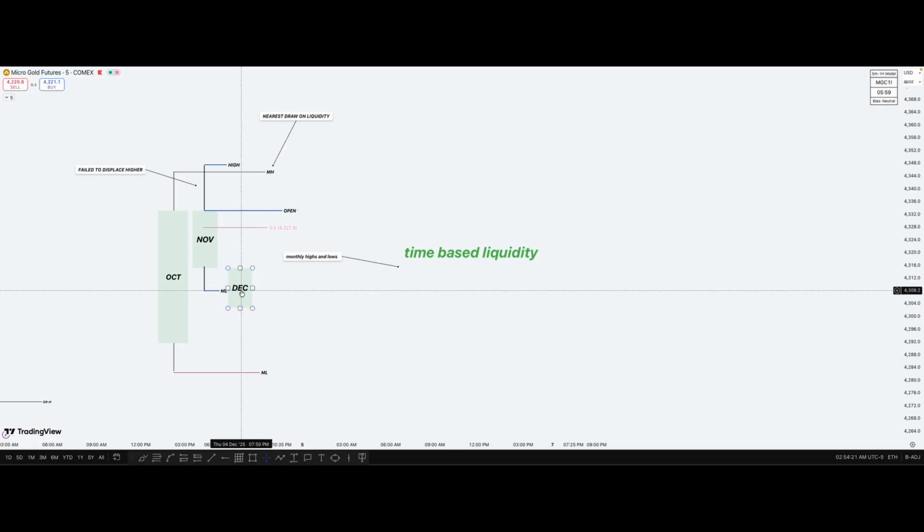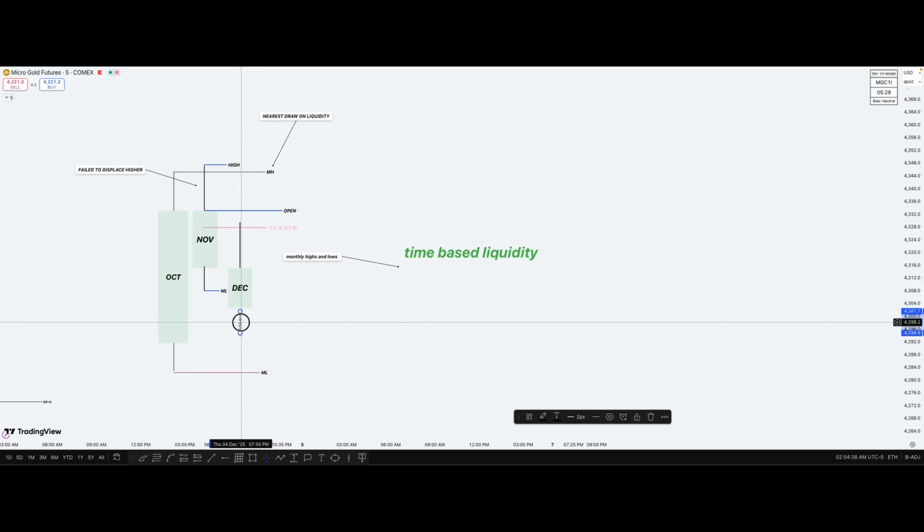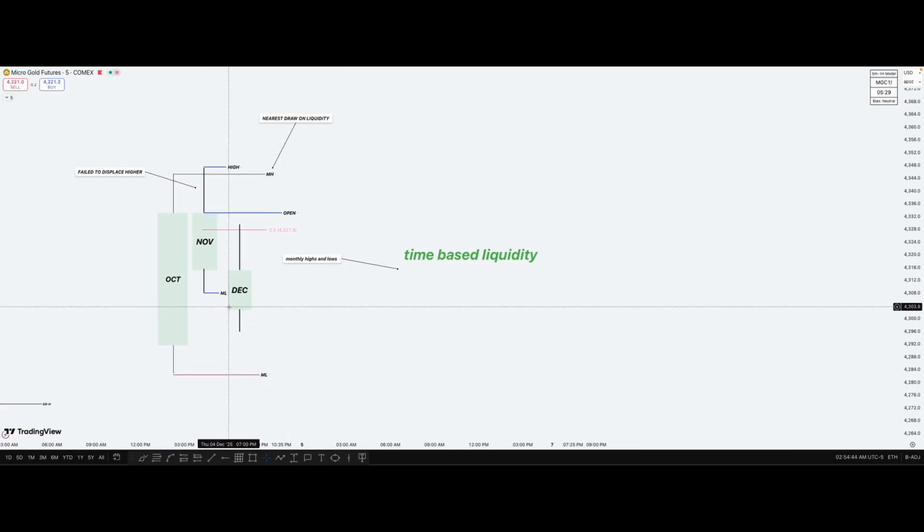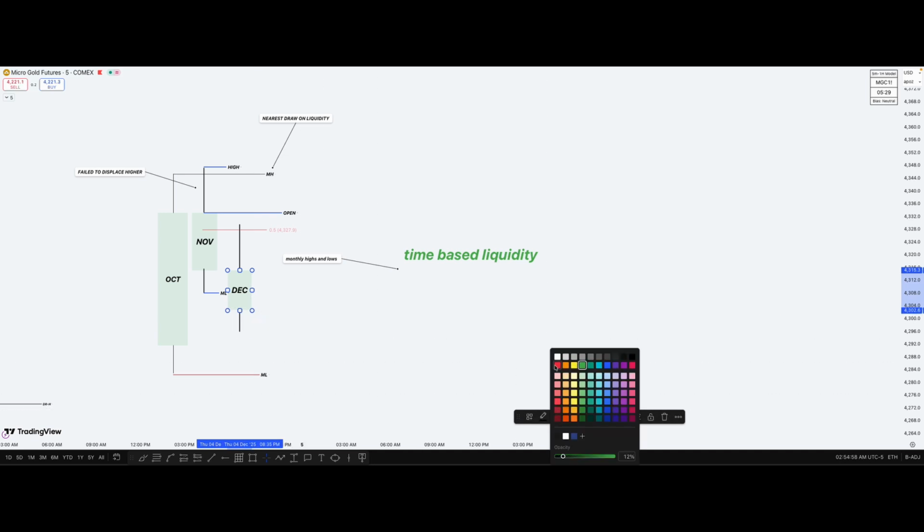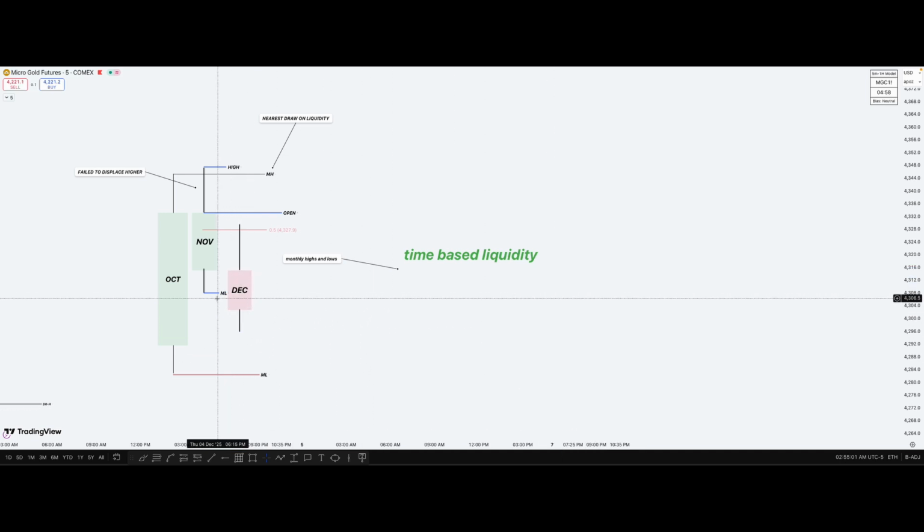The denotation of this candle can be, it opened up here, it went up higher, took the 50% level, and then closed below here, right? नीचे डिस्प्लेसमेंट भी दे दिया इसने. कैसे डिस्प्लेसमेंट दिया? मतलब जो हमारा मंथली इमीडिएट ड्रॉन लिक्विडिटी था, उस ड्रॉन लिक्विडिटी के नीचे the candle has displaced, right, the candle has displaced below this area.